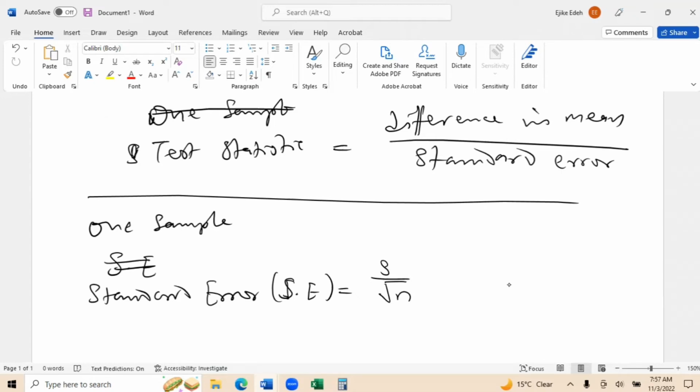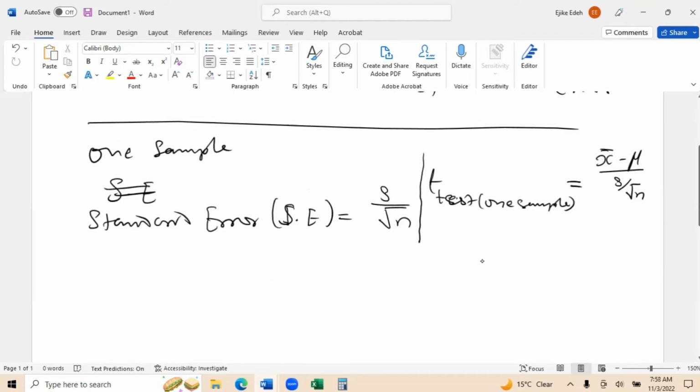And that is why, for the t-test when you have one sample, the t-test was given as the difference in mean, right? So X bar, you only have one sample, minus the population mean, divided by the standard error. And the standard error is S all over square root of n. Okay, so that is the formula for the t-test statistic for one sample.